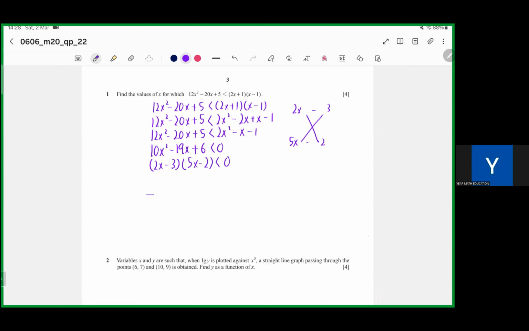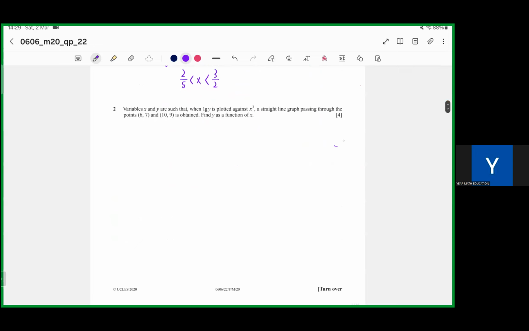So we can use a graph to sketch it. We see this quadratic should be less than 0, so we sketch it here. We get 2 over 5, so x is between 2 over 5 and 3 over 2. This is for question 1.